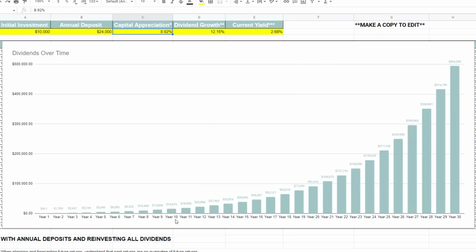And so remember how we talked about, it doubles the amount of dividend income that you could reasonably assume. This is the magic of compound interest, or the magic of compounding.